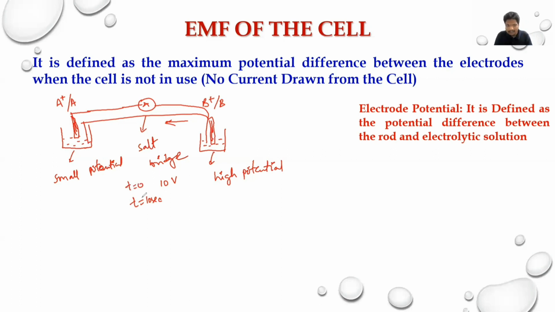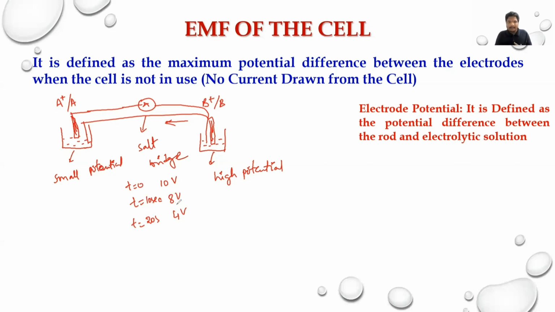And at t is equal to 10 seconds, you can observe the potential of this cell decreases. It will become 8 volts maybe. At time t is equal to 20 seconds, it will become 4 volts. Okay. So here there is a decrease in potential with time.